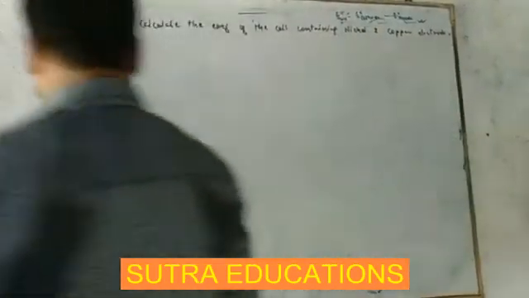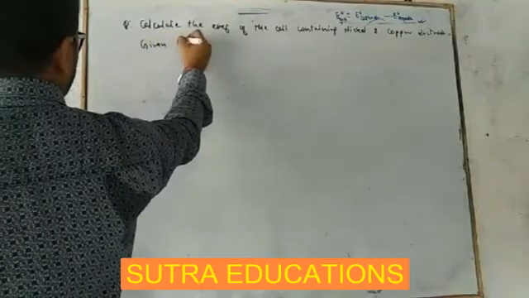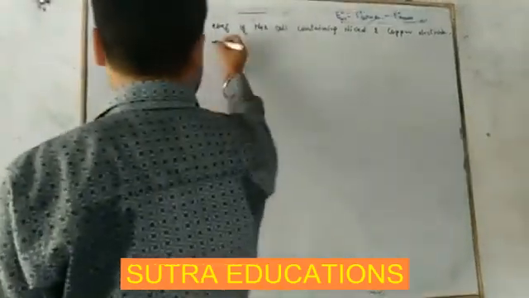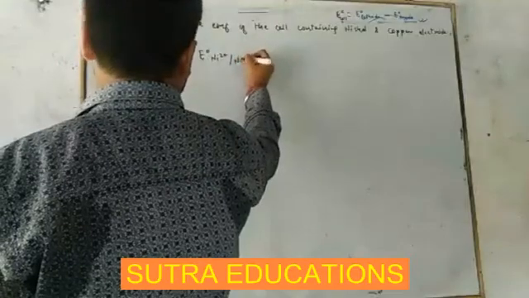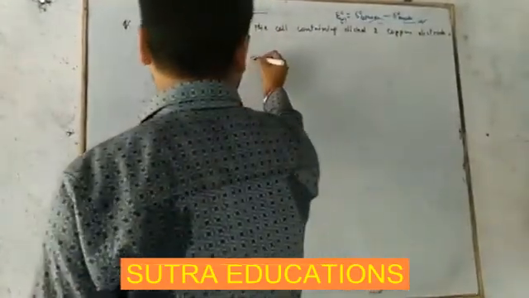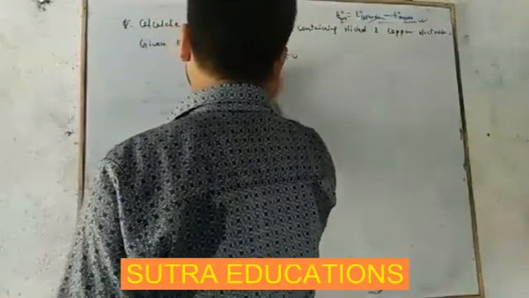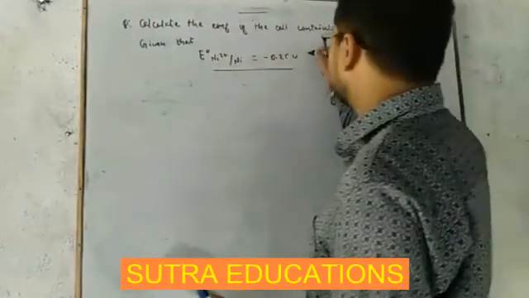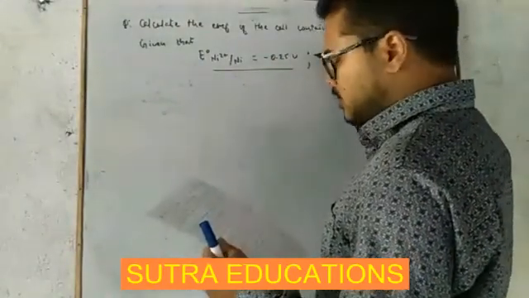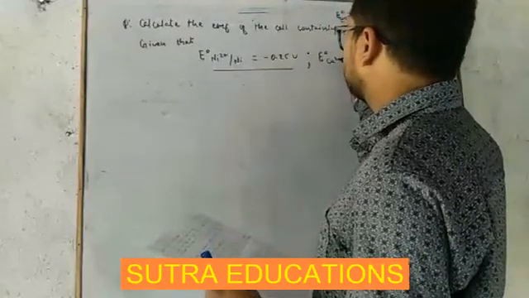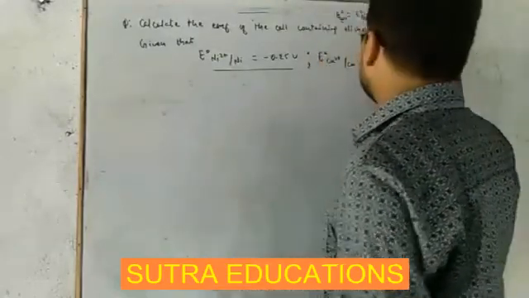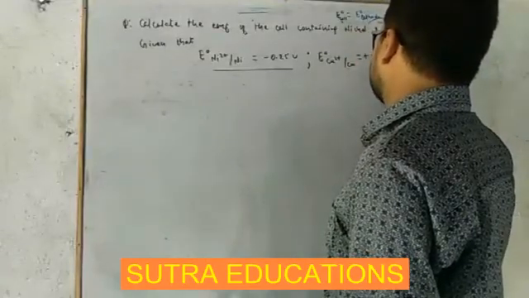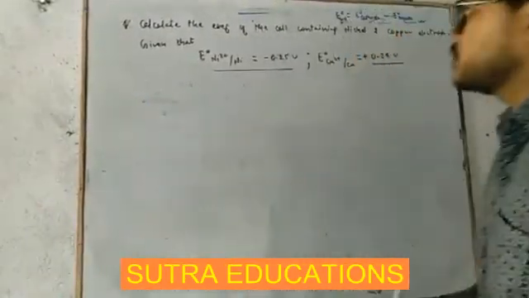Given that E naught Ni2+ to Ni is equal to minus 0.25 volt, and E naught Cu2+ to Cu is equal to plus 0.34 volt. So we have to calculate EMF of cell.